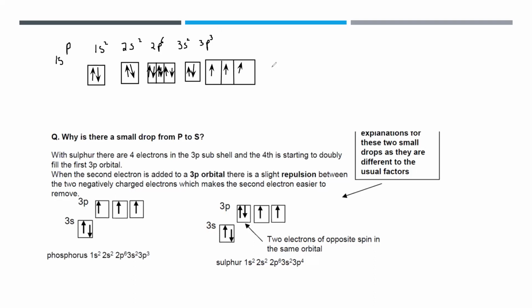But when we write the electronic configuration for sulfur, which is 16, we write 1s2, 2s2, 2p6, 3s2, 3p4. So that makes 16.